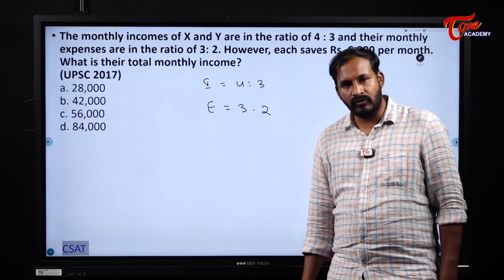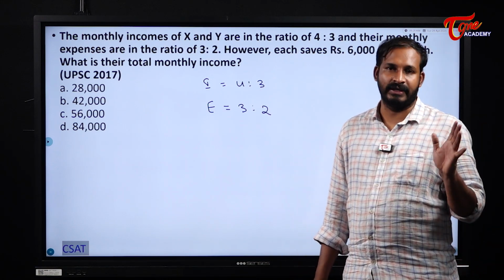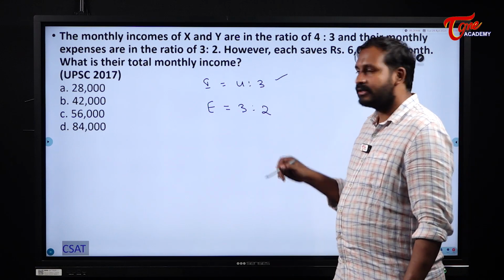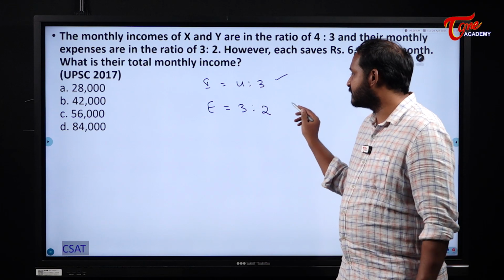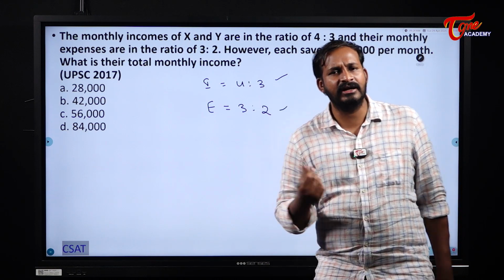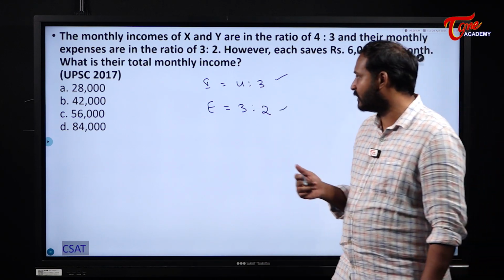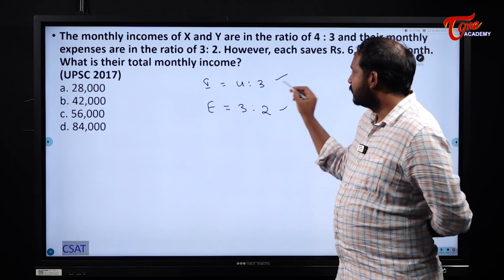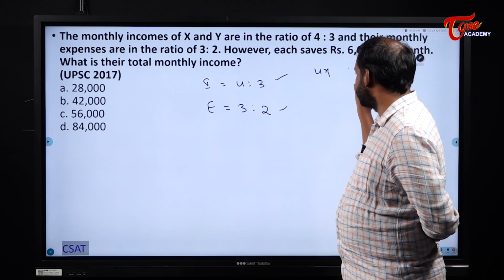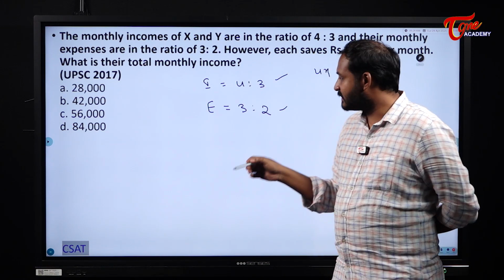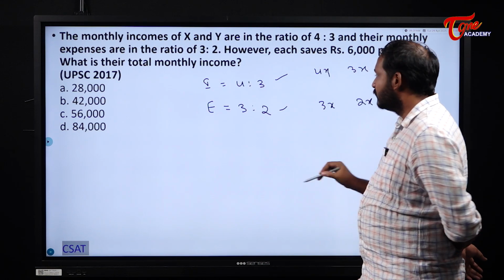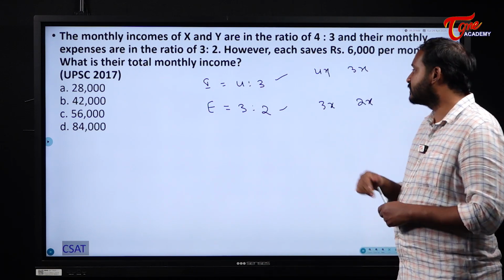See here students, if you know the shortcuts, go for it and apply, else don't. Income is one parameter and expenditure is another parameter. The common mistake most students make is, for 4:3, they take 4x and 3x, which is good. But simultaneously they take 3x and 2x for 3:2, which is completely wrong.